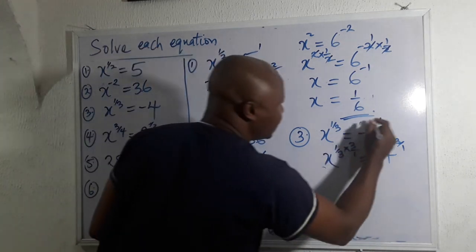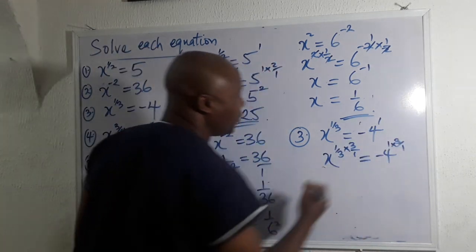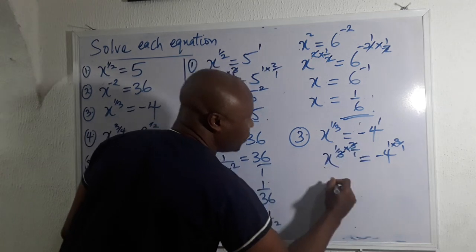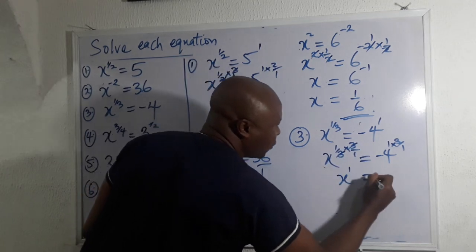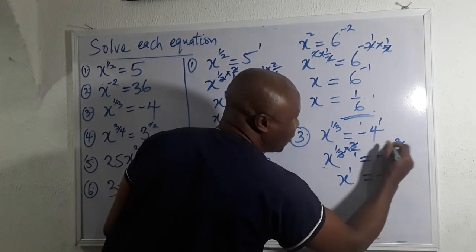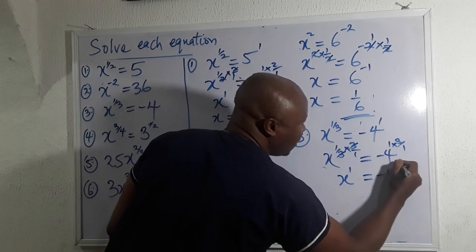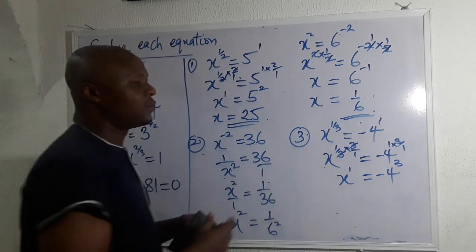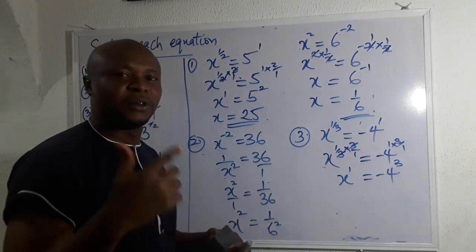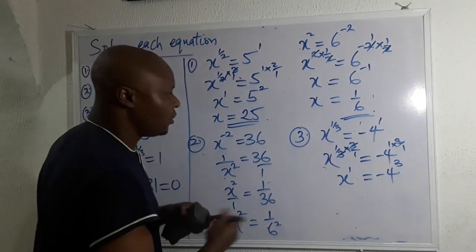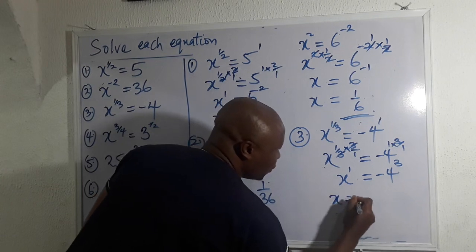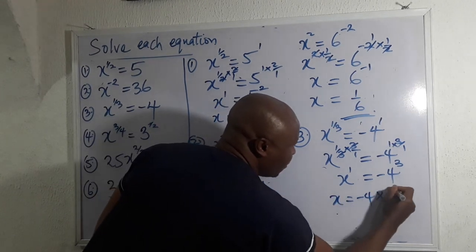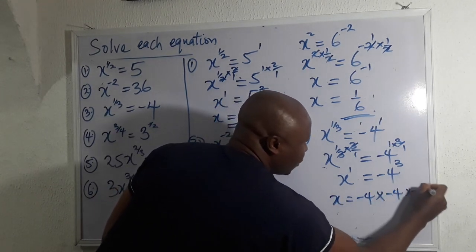So that is 1 times 3 over 1. So this 3 cancels this 3. So what you have is x raised to power 1 is equal to minus 4 raised to power 1 times 3, which is 3. So this minus 4 raised to power 3 means minus 4 times minus 4 times minus 4.